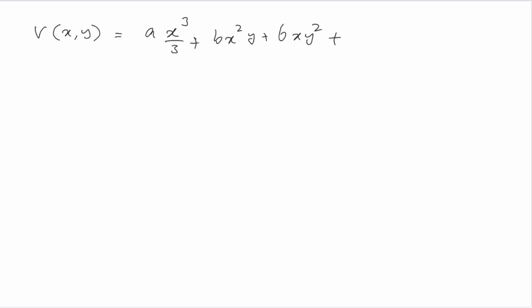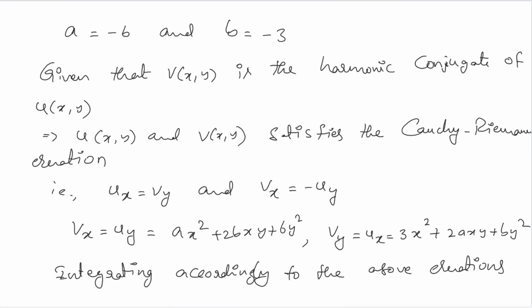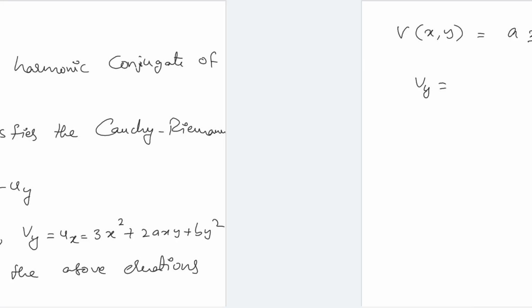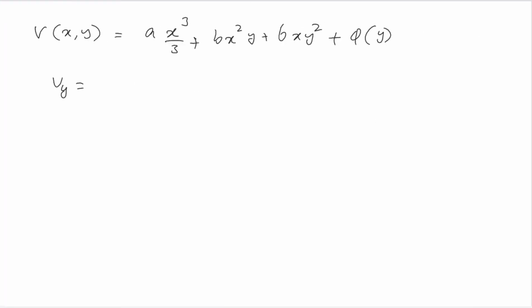Since we have integrated with respect to x, we can get an extra term as a function of y. From the given conditions we have derived v as a function of x and y.